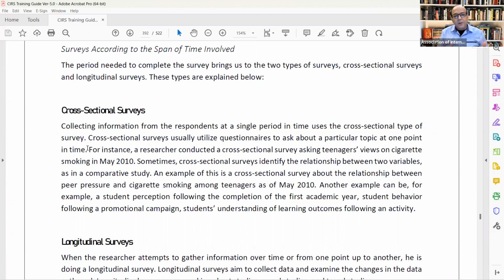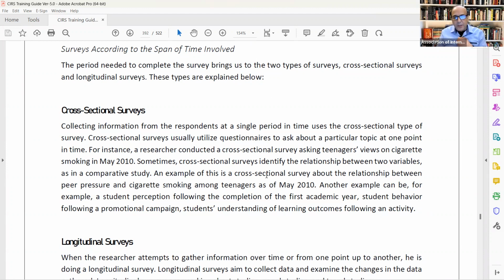In cross-sectional surveys, we have one questionnaire that asks something that can be answered right away.